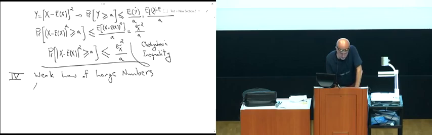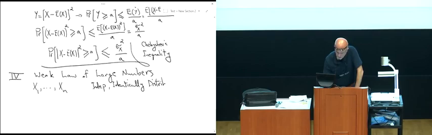Suppose I have n random variables that are independent and identically distributed. They're IID.